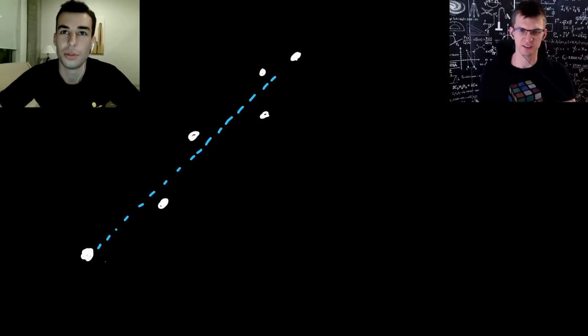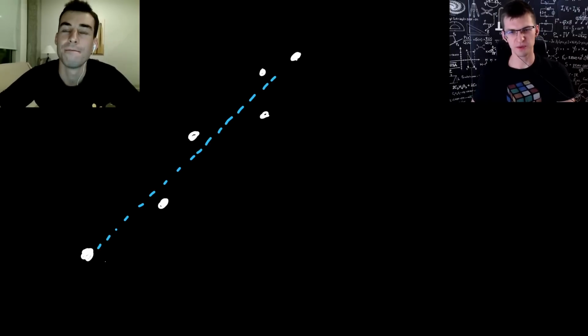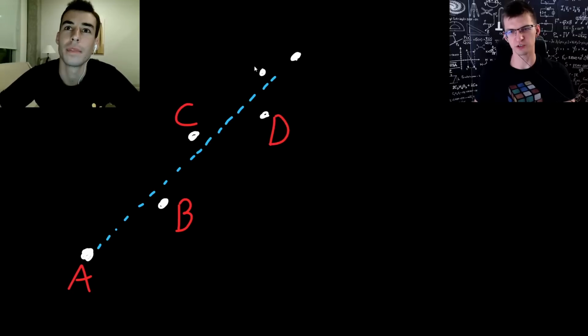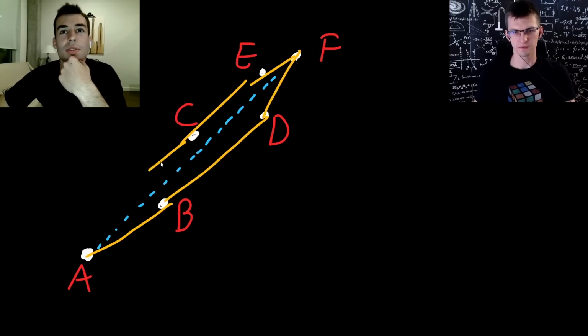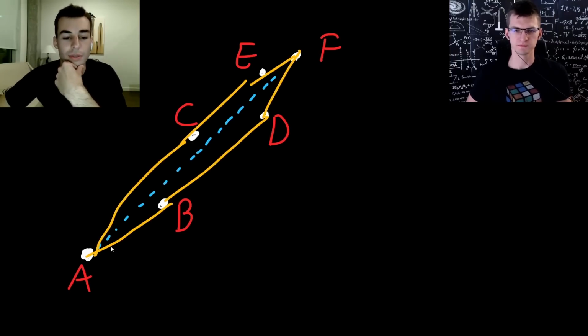Because you could do a donut sort of thing. Do you see what is better here? What is the good order? You could do A, B, D, F, E, C, A. Exactly. I see. So the line is not helpful really at all.